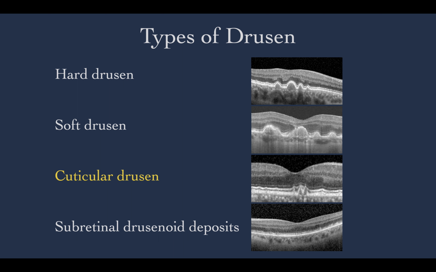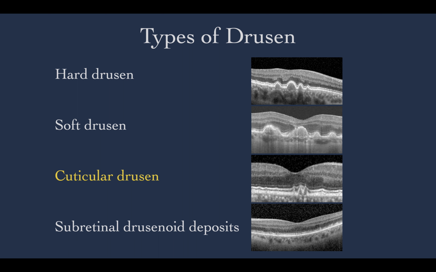In cross-section, cuticular drusen have a blunted triangular shape, and they appear as a saw-tooth pattern on OCT. During FA, cuticular drusen produce multiple pinpoint sites of hyperfluorescence due to drusen apices, whereas the same locations are hypoautofluorescent on autofluorescence.